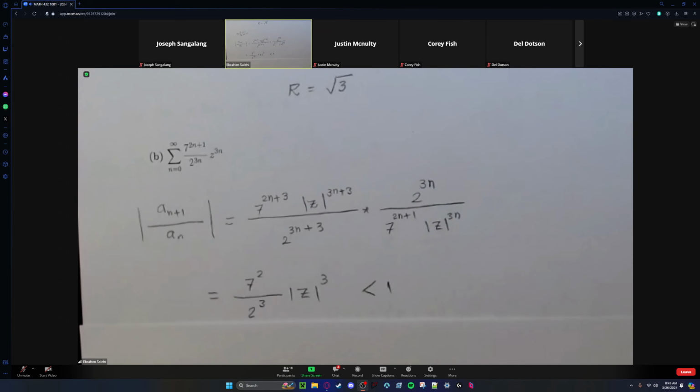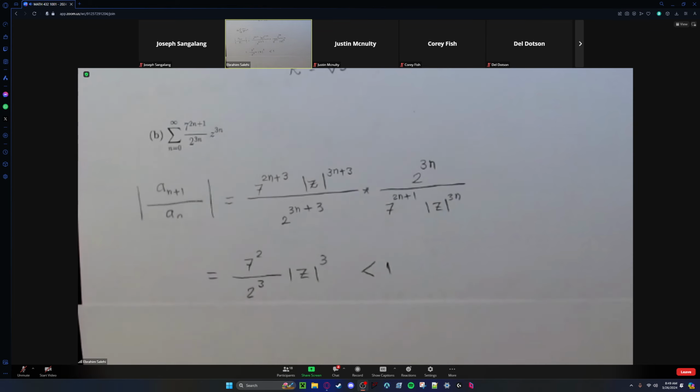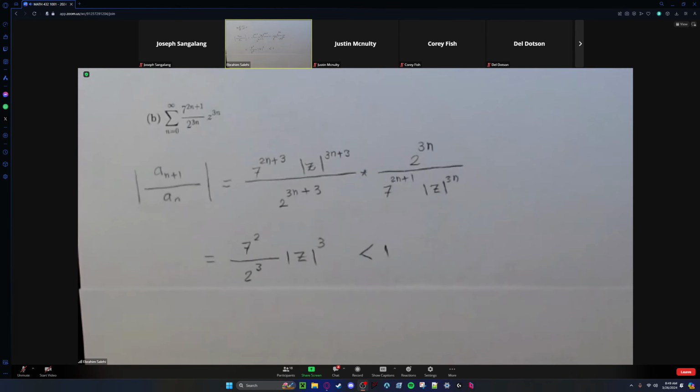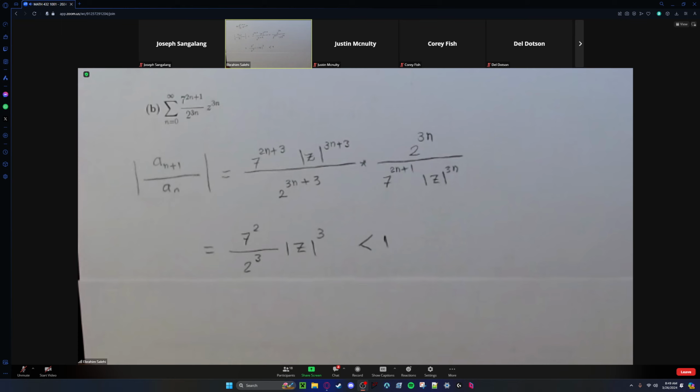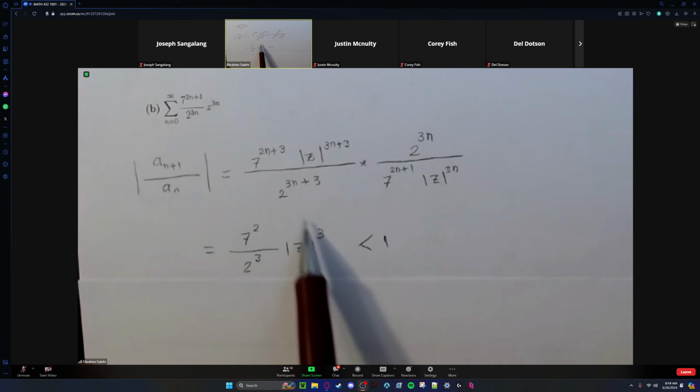This is complex analysis. The prerequisite for this one is, gosh, not only college algebra, but calculus 1, 2, 3. Anyways, this series converges whenever this is less than 1.